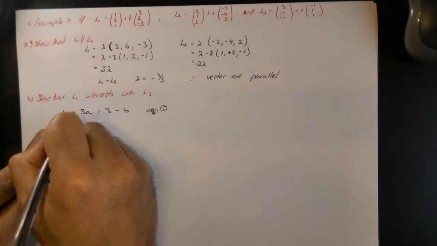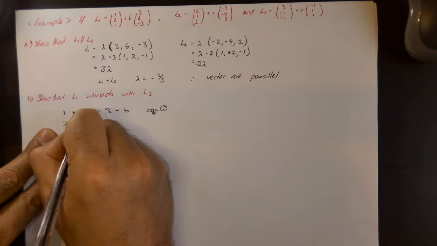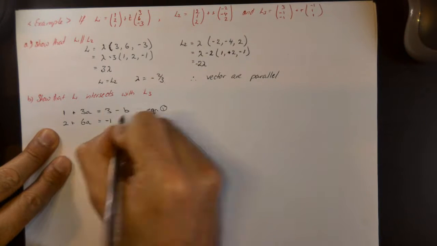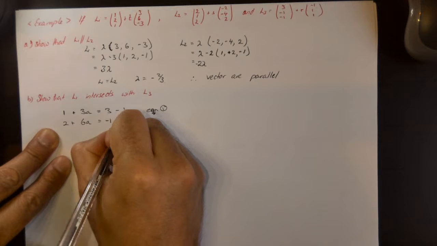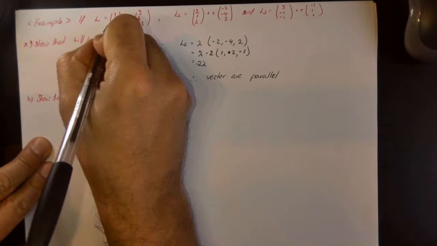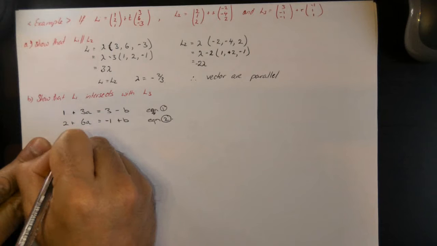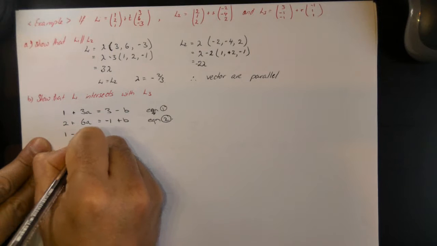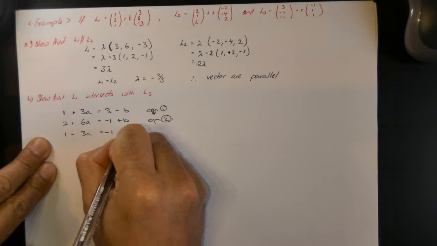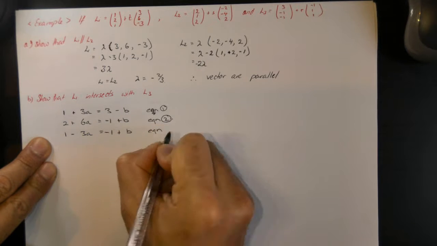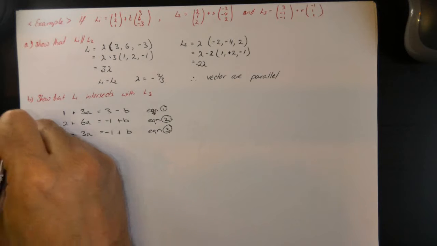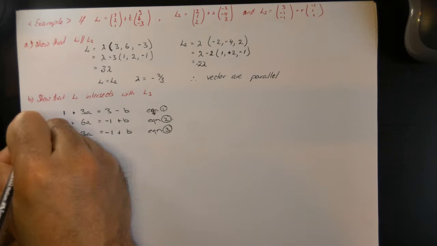The next line, I get 2 plus 6a equals negative 1 plus b. Equation 2. The last line, my z values, 1 minus 3a is equal to negative 1 plus b. Equation 3. So that's making the equations.